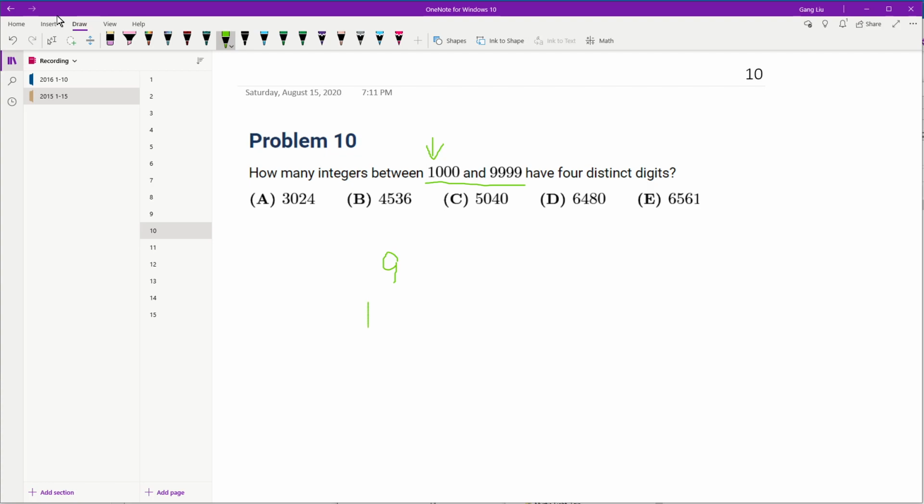We can pick 1 to 9, since the first digit is the most restrictive digit. Then after picking the digit in the thousands position, for the hundreds position we still have 9 ways, because we have to take away the selection we already made in the 1000th position.